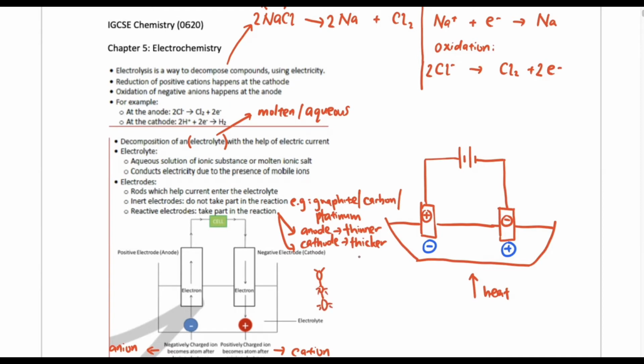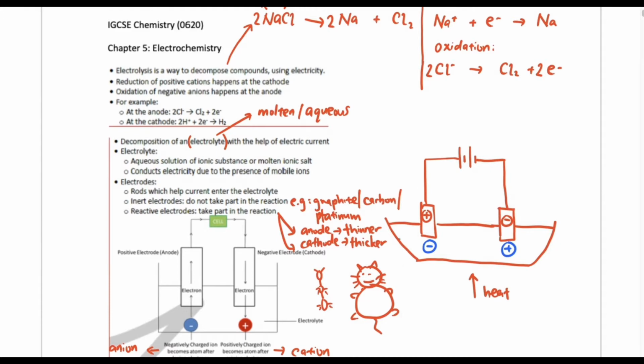You see, I draw a very thin N. Cathode, thicker. Cathode, think of cat. The cat is fat. So it will help you to remember through diagram. The cat is fat. So it will help you to remember anode to be thinner, cathode to be thicker.